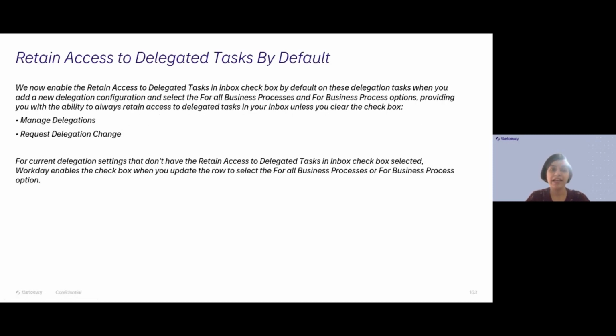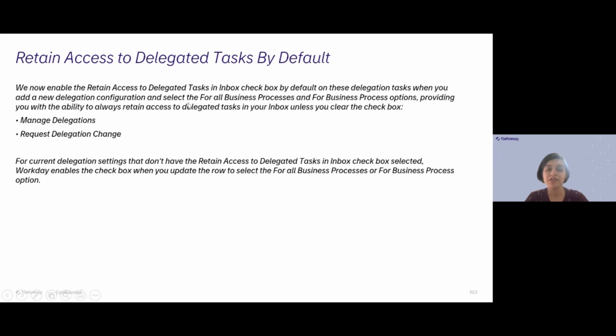Then retaining access to delegated task by default. You can now, for a delegated task, retain the access to it by default. So this functionality will help you in retaining the access, but you need to select it when you add a new delegation configuration.